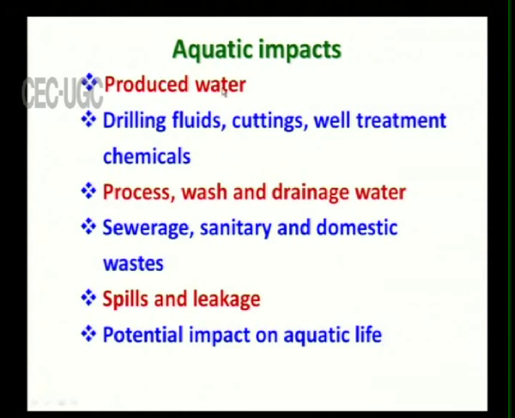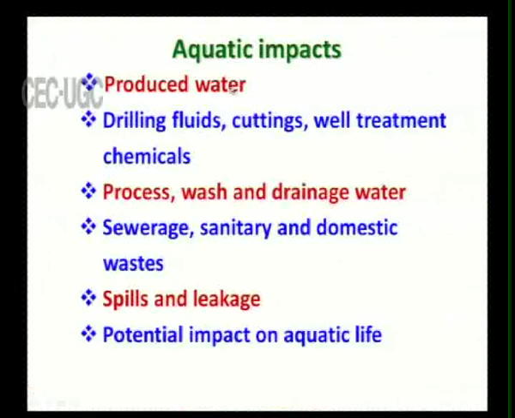See, the produced water, because the water is used in the process also, and that water is re-injected into the land, and that is affecting the marine or aqua ecosystem, and the drilling fluid, cuttings, well treatment chemicals. So, that is also impacting, and washing and drainage of water, sewage, sanitary and domestic waste, the spills and leakage.